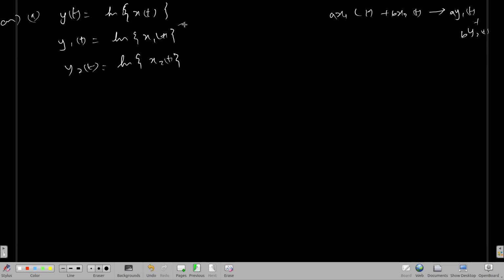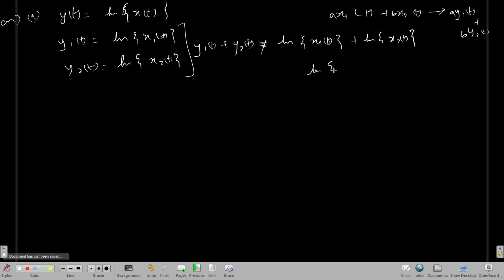But y1 of t plus y2 of t is equal to log of x1 of t plus log of x2 of t, which is not equal to the output for the summed input. To get this one, you would have to write log of x1 of t into x2 of t, and that is not the input that we are expecting.